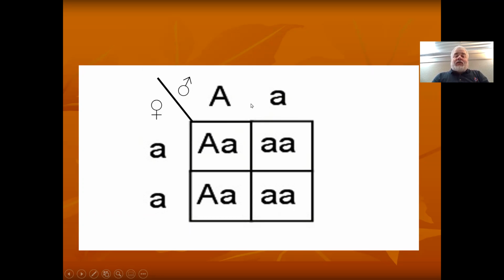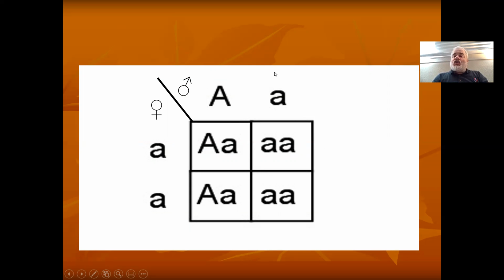There are 2 possibilities for the male sperm. There's only really one possibility for the female egg. It's either got a small a or a small a. That's it. And so when I cross it, I'm going to get half anthracnose resistant children and half susceptible children.